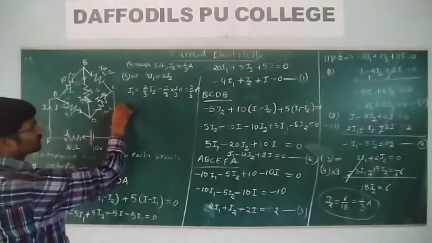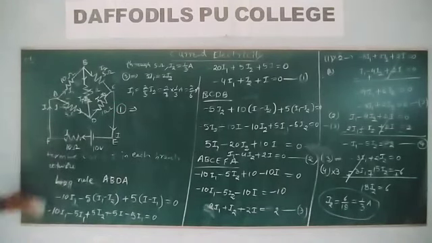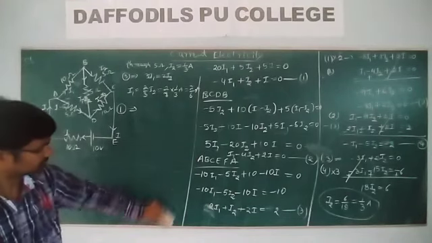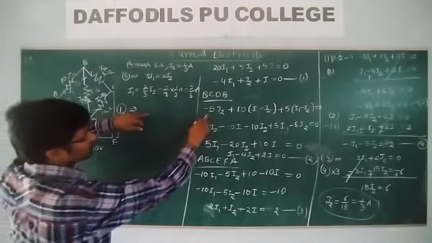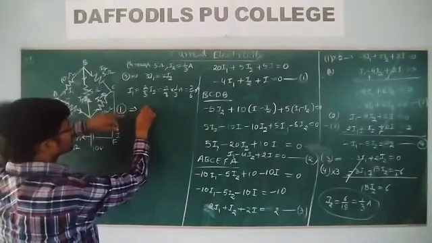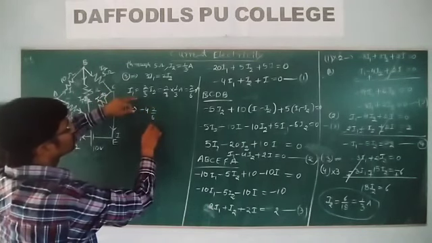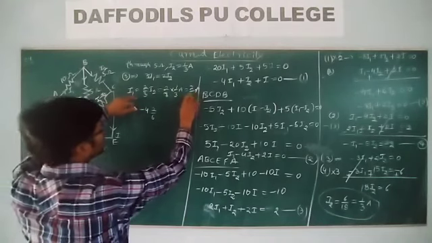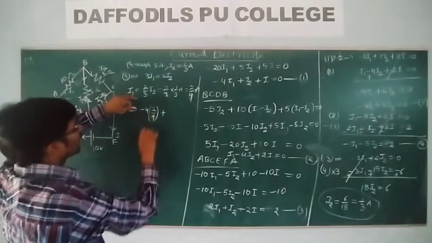Now, the first equation gives that. What does the first equation give? This one: minus 4 into I1, which is 2 by 9, plus I2.